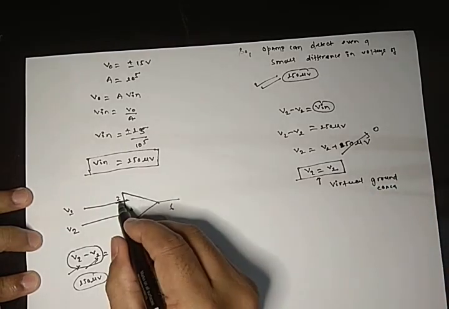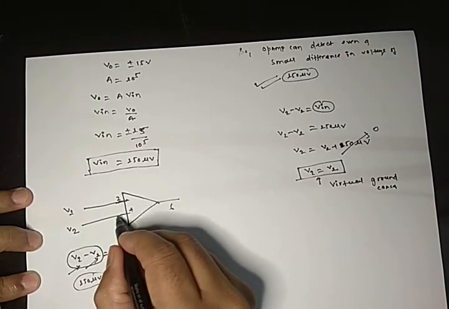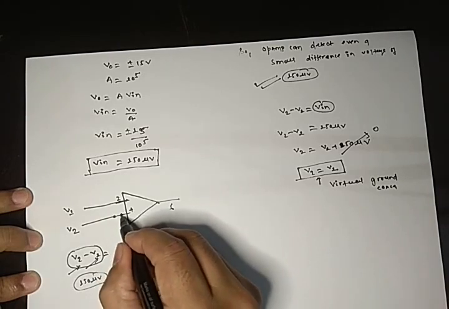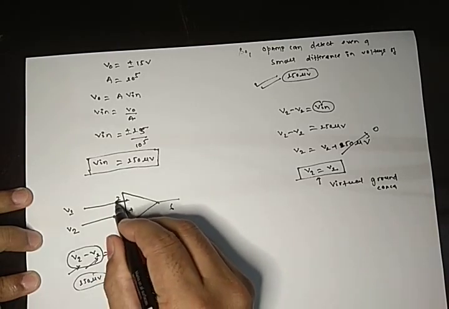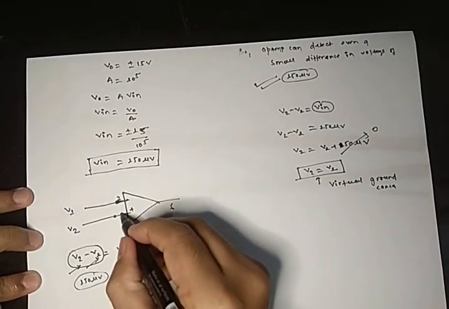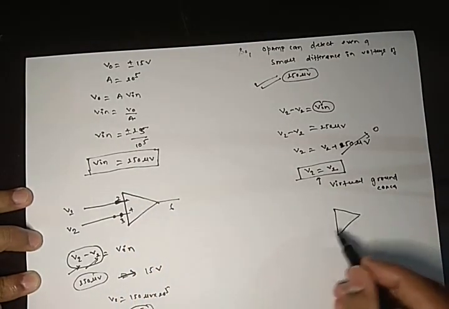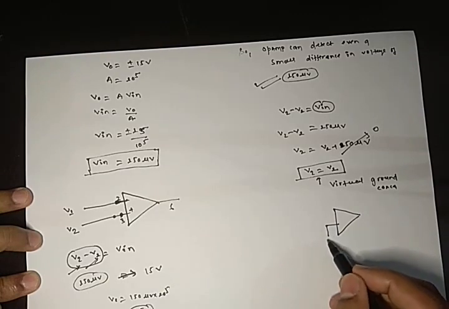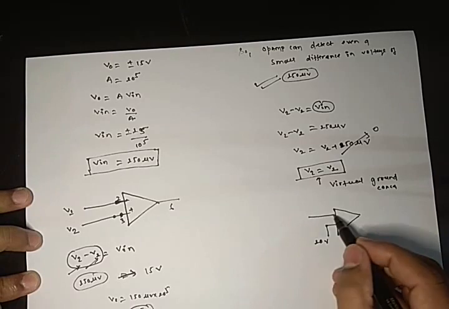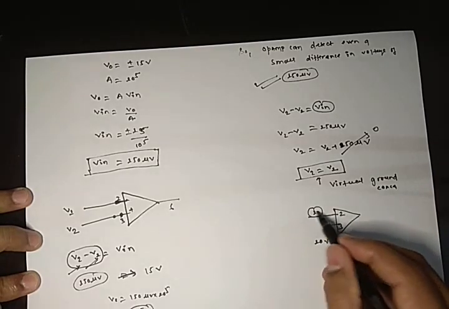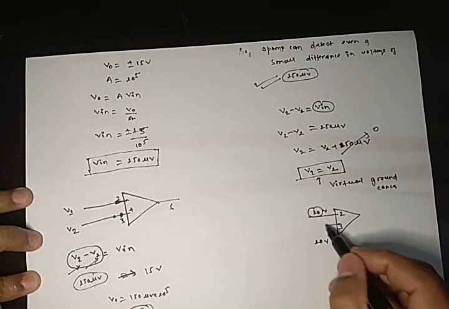Means whatever the voltage is at terminal 3, the same voltage will appear at terminal 2. Means virtually it is grounded. Suppose this is having 10 volt, then terminal 2 will also have 10 volt.